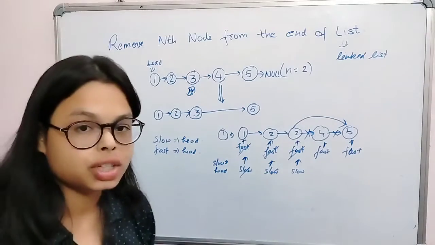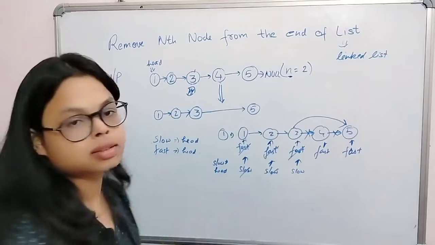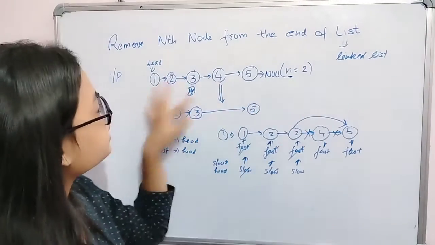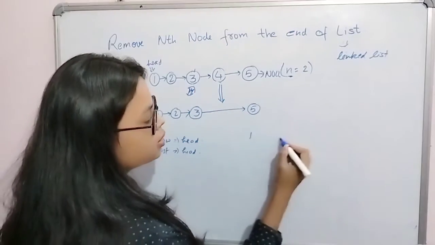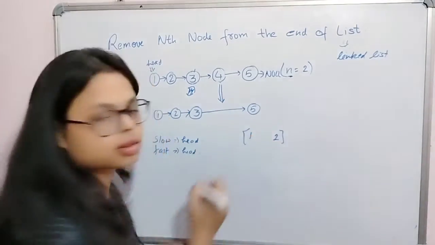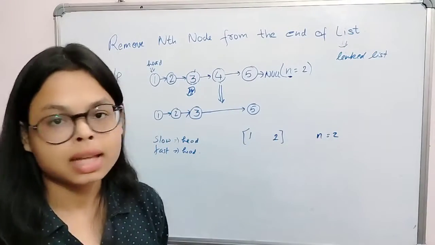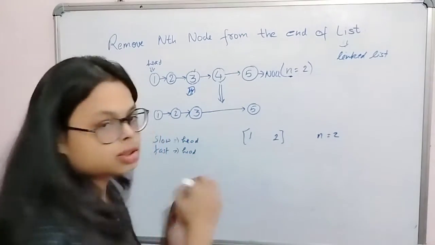In the edge cases, let's say we have n equal to the length of the linked list. We have 1 and 2, and n is 2. In that case, we'll traverse the fast.